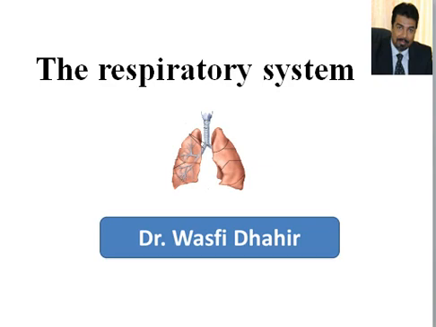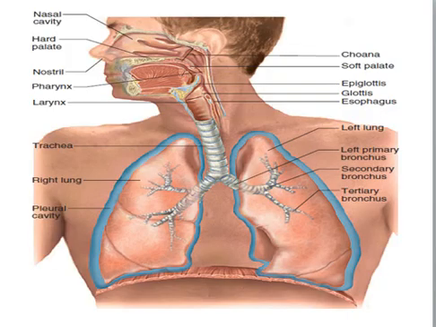We can divide the respiratory system into two types of division. The first division is according to the location of the respiratory organs. The first is the upper respiratory tract, which includes the airway from the nose to the larynx.